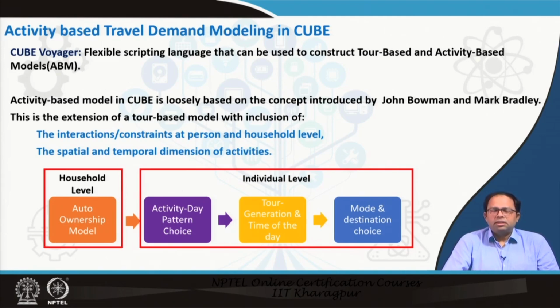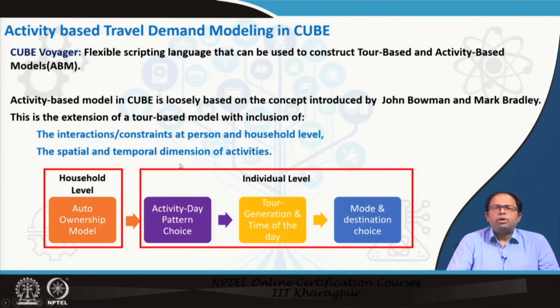These kinds of interactions are possible. And then there are constraints. That means there are certain time constraints, there are certain destination constraints, and, for example, if I go for a certain activity on a particular day, I cannot do something else. So, the number of intermediate stops that we will have in my tour depends on the time and so many other things. These are the constraints that we are talking about.